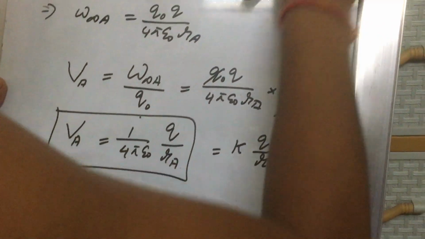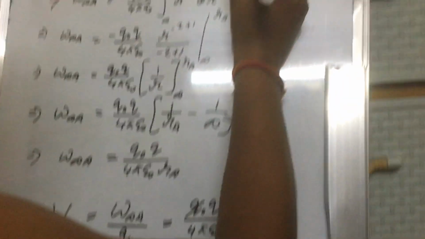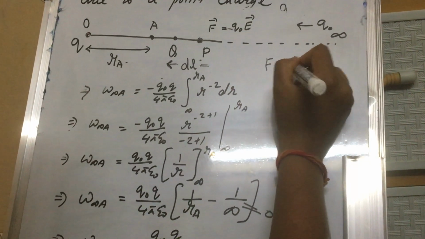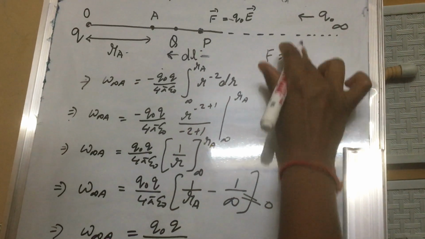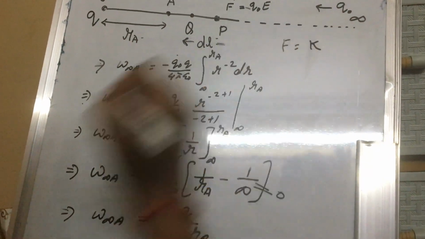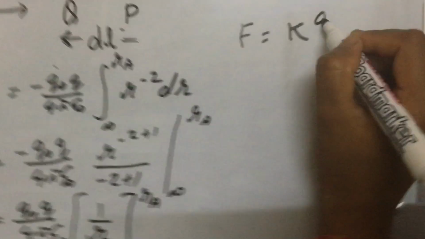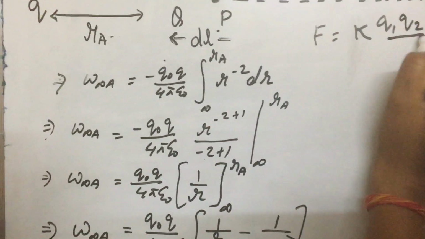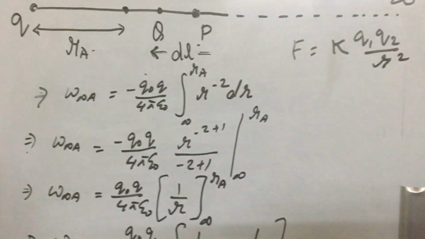When it comes to the Coulomb force, 1 by 4 pi epsilon is K, depending upon the two charges and the square of the distance, right?